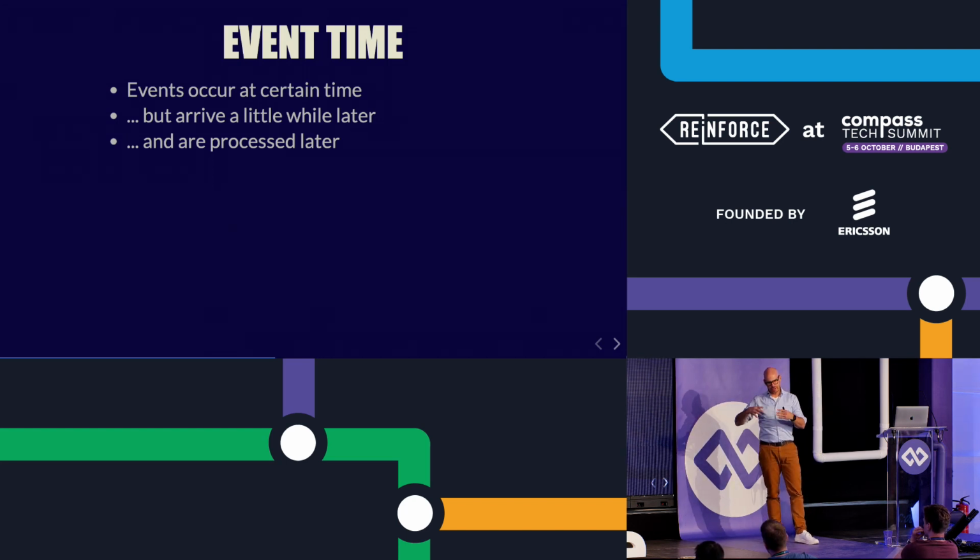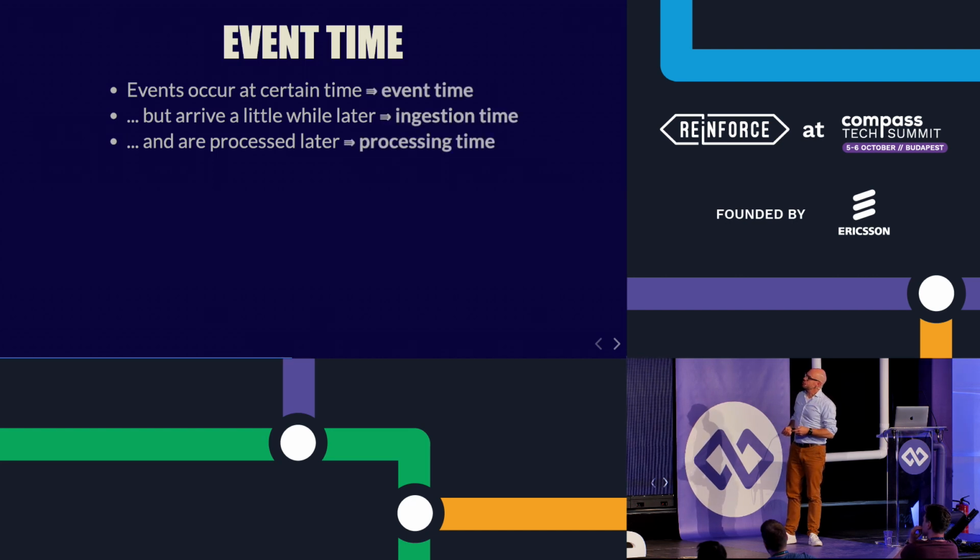And there are a few things happening in between, like serialization, deserialization, until they arrive in your event streaming processing engine, like Flink. And that's the time we call the ingestion time. And the time that we actually process them is even still a very little while later, and we call that the processing time.